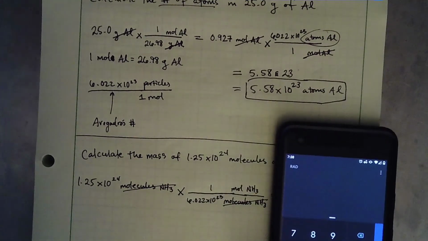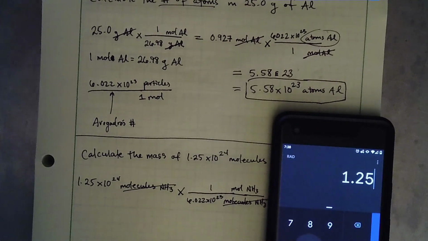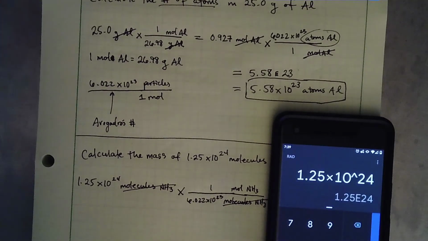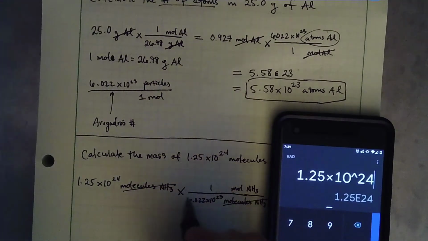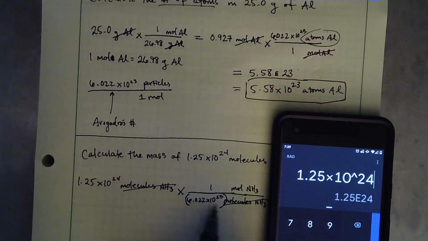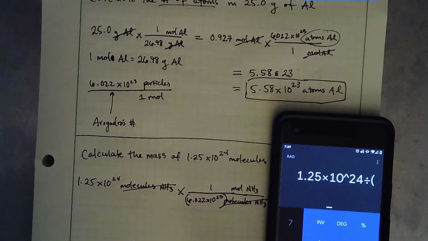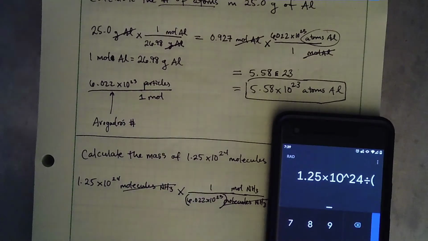So I've got 1.25 times 10 to the 24. I want to talk about something really briefly here that is very important. Anytime you divide by Avogadro's number, so anytime this number shows up in the denominator, please put it in parentheses. If you don't, you are going to encounter some issues.